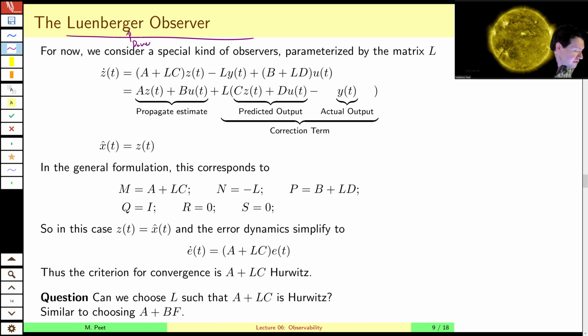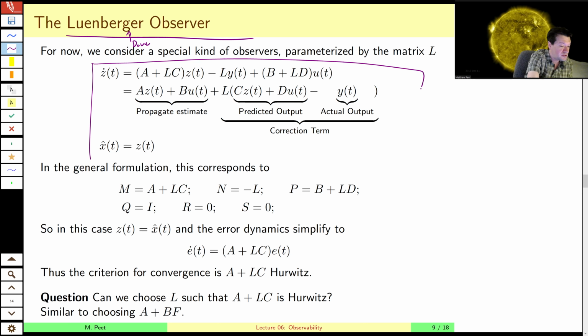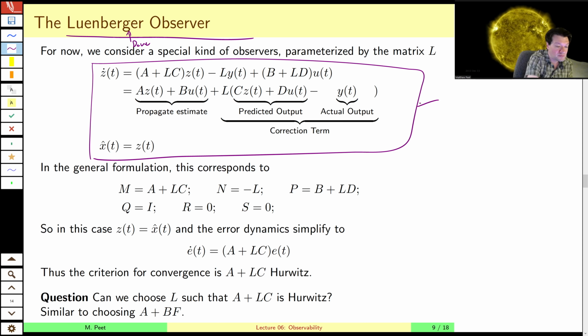In any case, he chooses this particular form of observer where the dynamics are rather simplified. So this is our observer. First of all, he gets rid of all the messiness with the output. He makes the state itself the estimate.